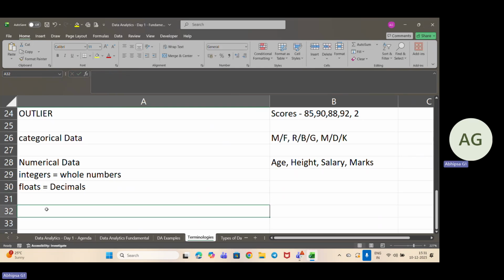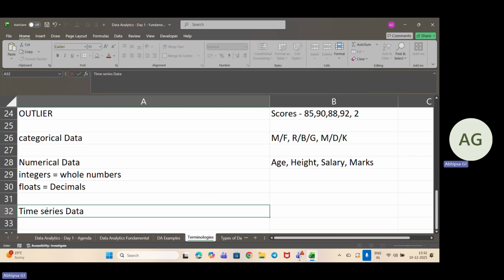Next is time series data. What is time series data? It is data collected over time, in order. For example, the daily temperature, the daily stock price, your body weight measured every morning, or the monthly rainfall amount. That is time series data.